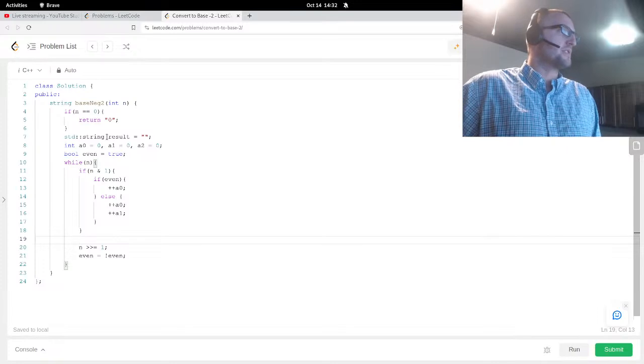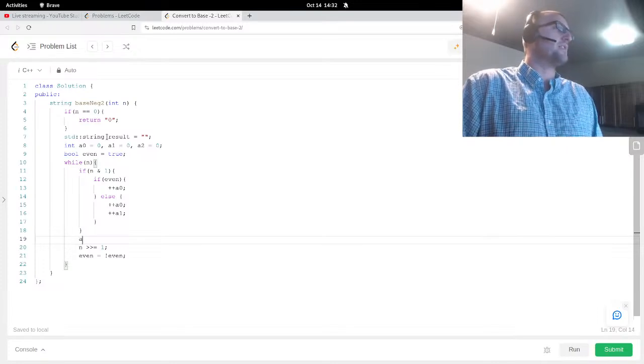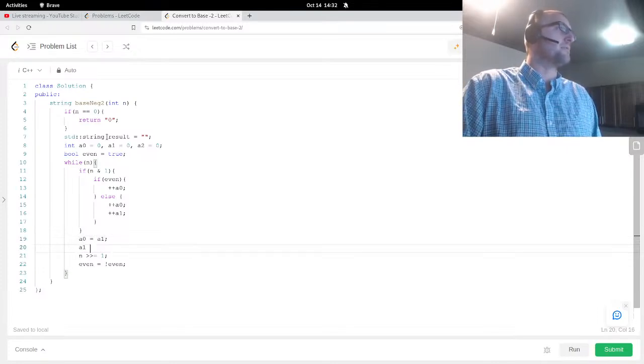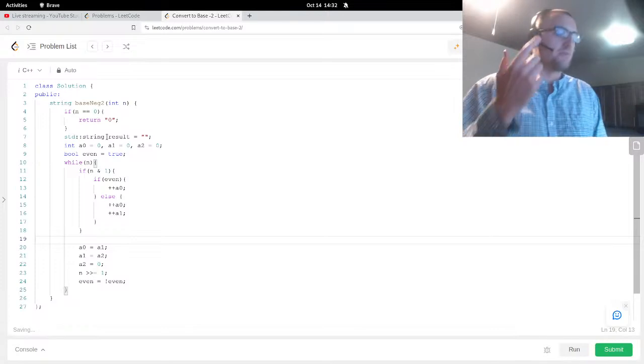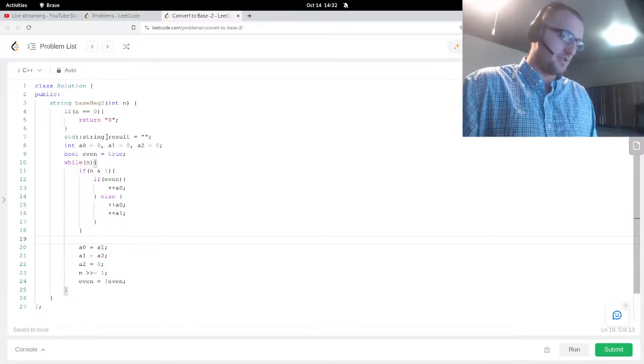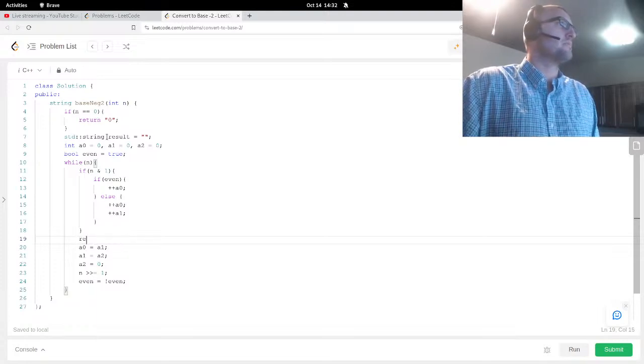Now, where things get interesting, again, we're going to update a0 to a1, a1 to a2, and a2 to 0. But what we're actually going to write to the result is result dot pushback, string to int.